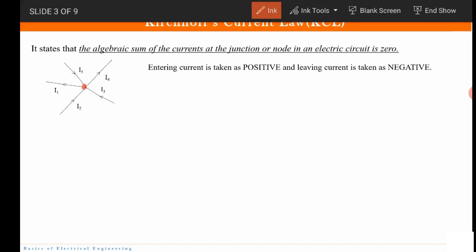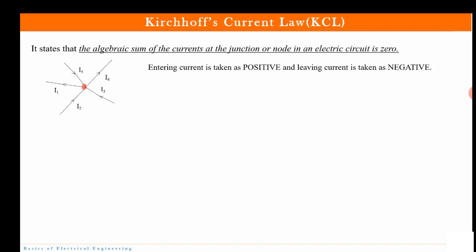And many currents are coming and going, right? So basically KCL states that the algebraic sum of the currents at the junction or a node in any electrical circuit is 0. Fine.